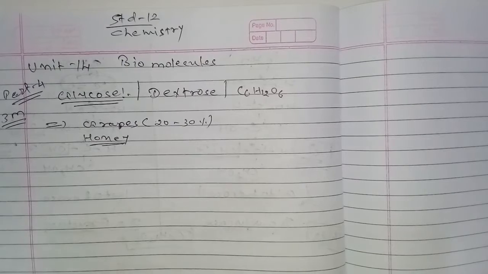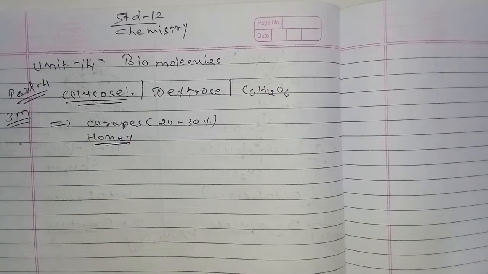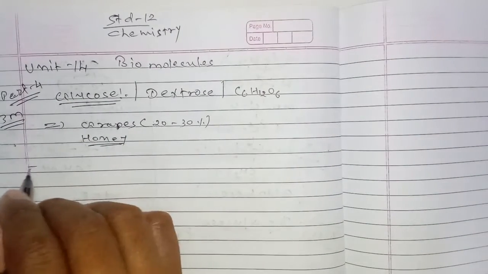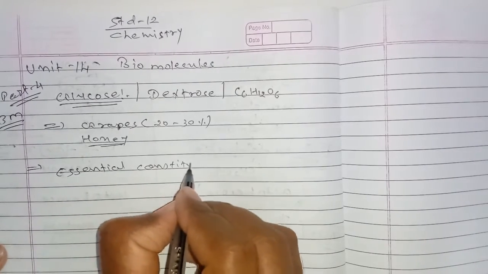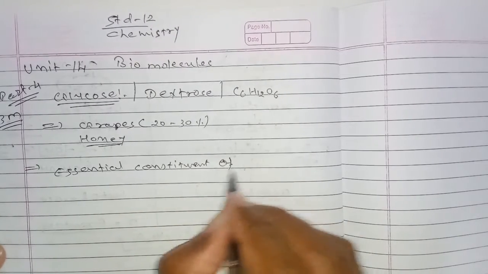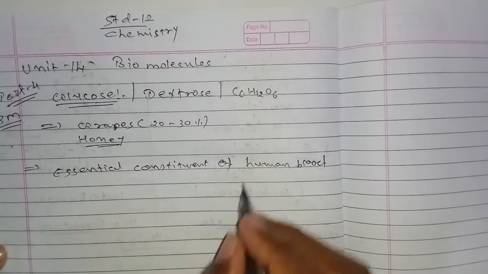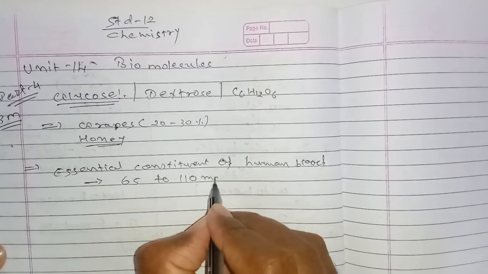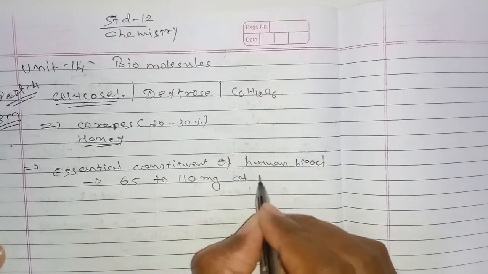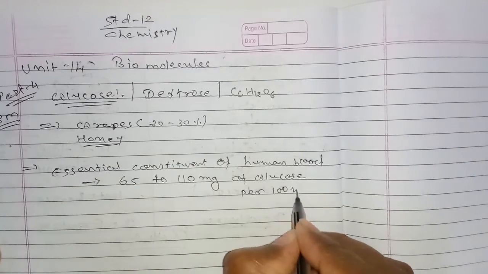Glucose is an essential constituent of human blood, and the blood normally contains 65 to 110 milligrams of glucose per 100 ml of blood.